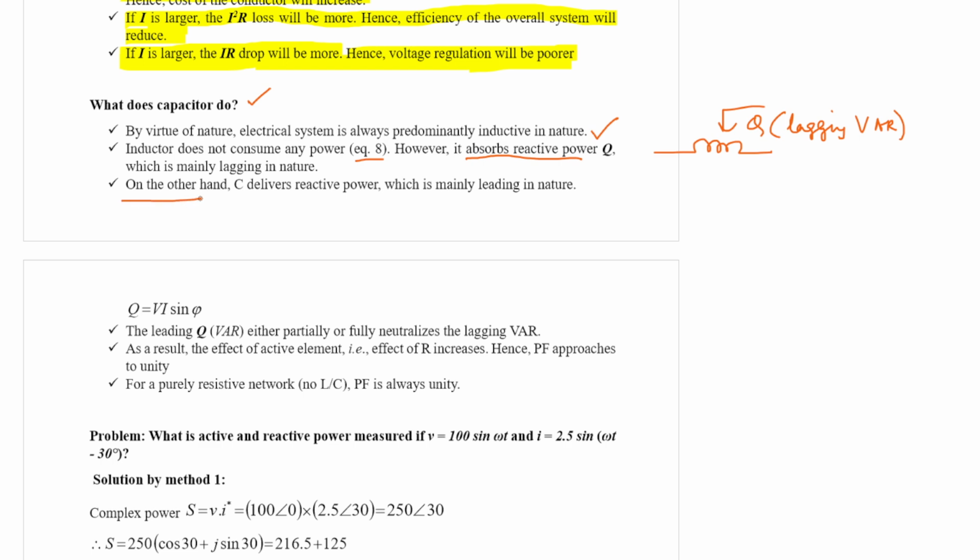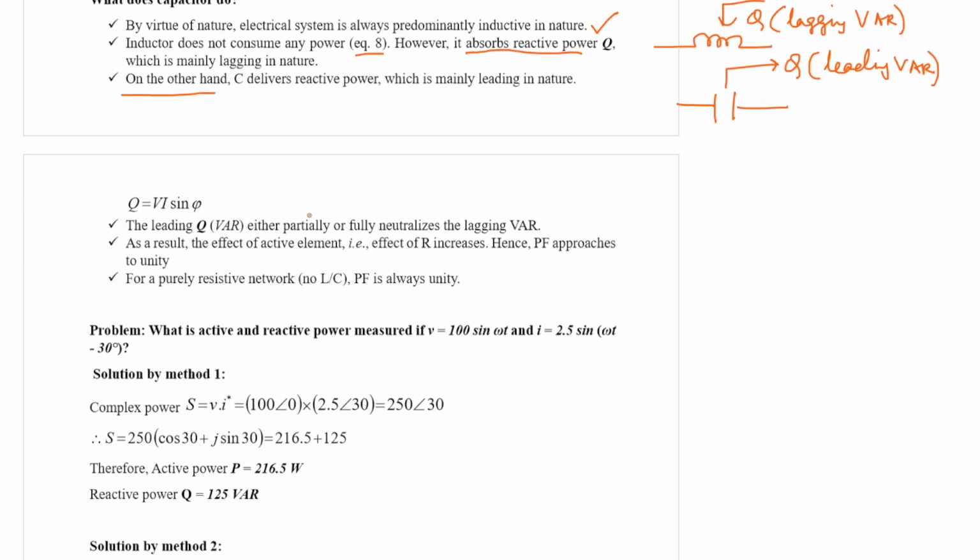On the other hand, what does a capacitor C do? C delivers reactive power, which is called leading var. Now what is the formula for Q? Q is equal to VI sin phi.